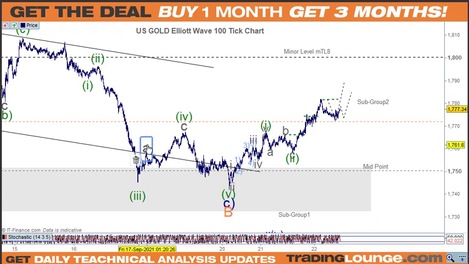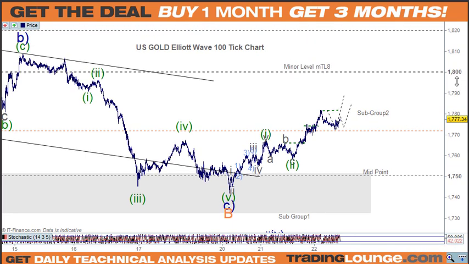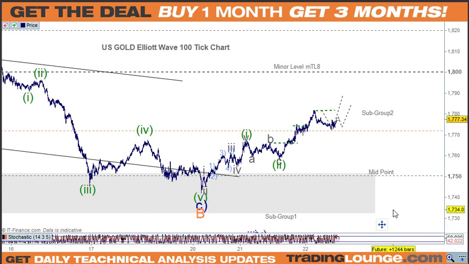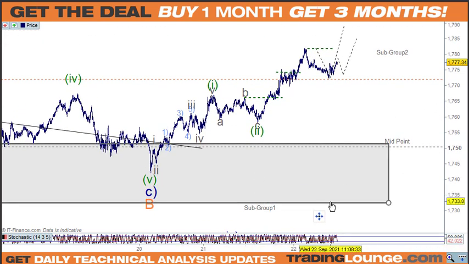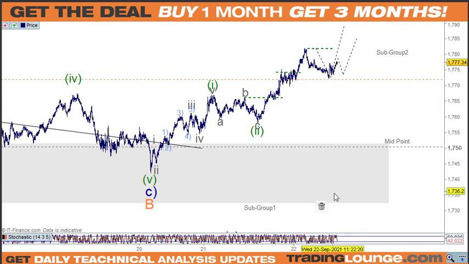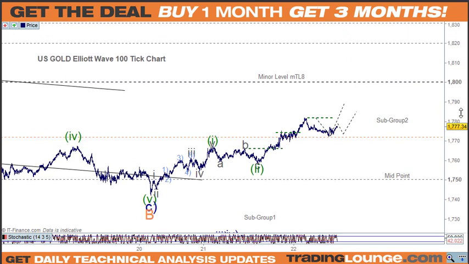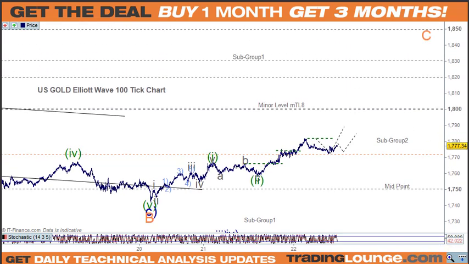Okay, we had our little ABC, and then we were looking for a move down here for wave 5 to make a new low below here, so we've got that. That's all good. This box was our target area. We don't need that now, so I'll get rid of that. Don't need subgroup 1 here; subgroup 1 will be up there, so we can use that.